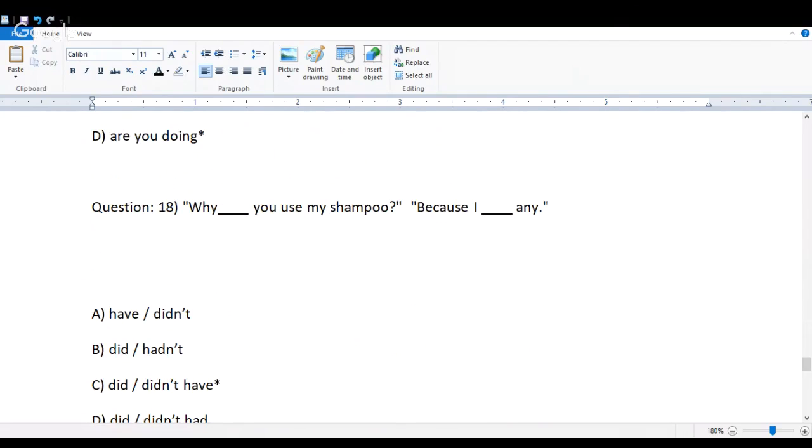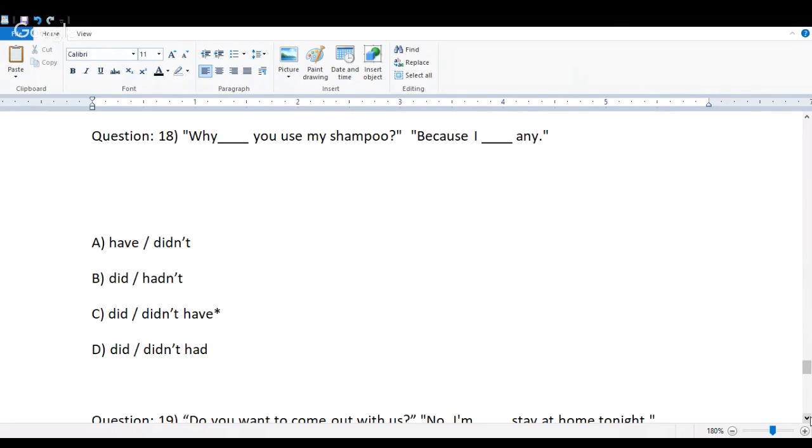Okay. Now this one. Why did you use my shampoo? Because I didn't have any is the correct answer here. So what is the verb tense in the first sentence? Why did you, past simple, yes. So we have the auxiliary verb did in this case and not do, because use is our main verb.